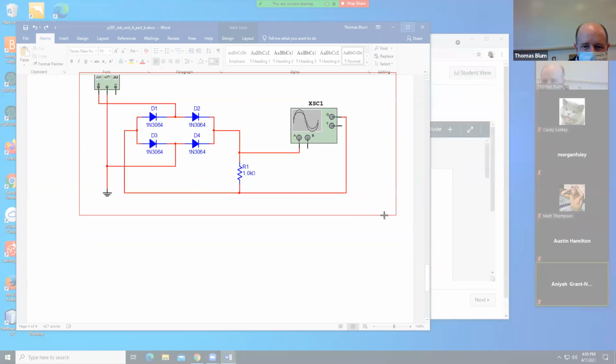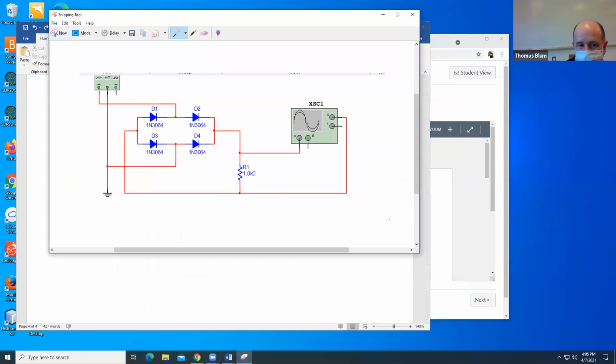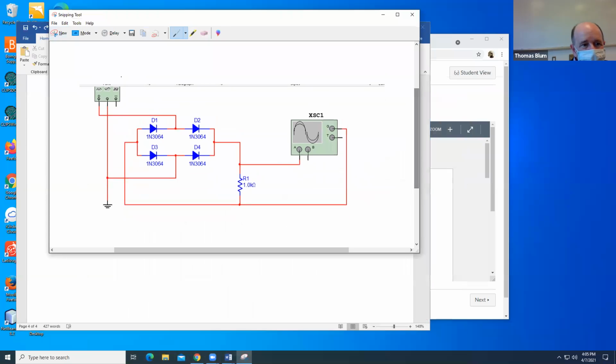And I ask the question, what path does it take? So there's the positive and the negative part of the cycle. And I'm going to focus on the positive part of the cycle, this part. And that means this is positive compared to this, because I'm in the positive part of the cycle.